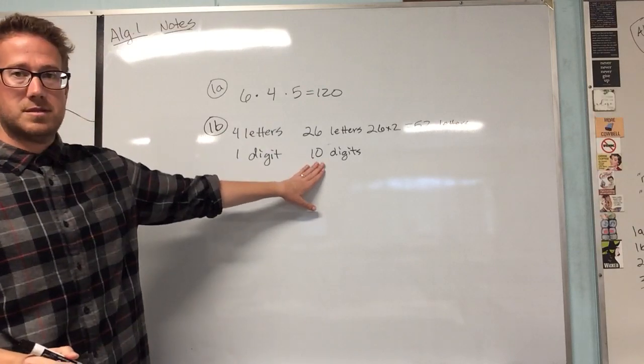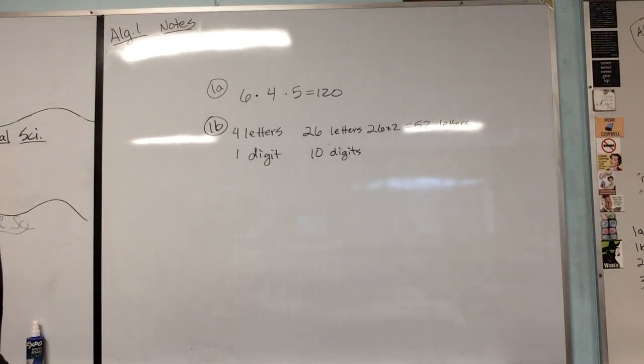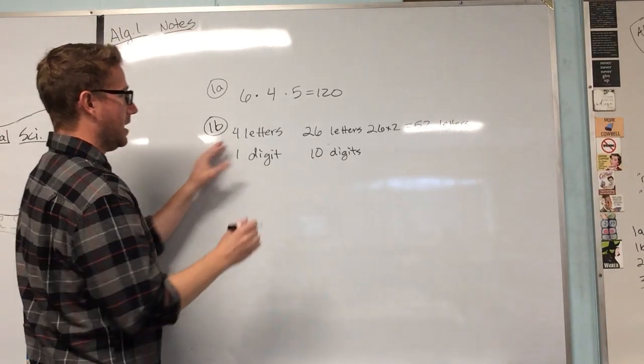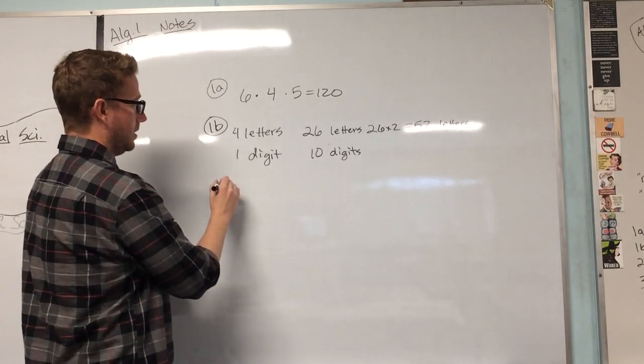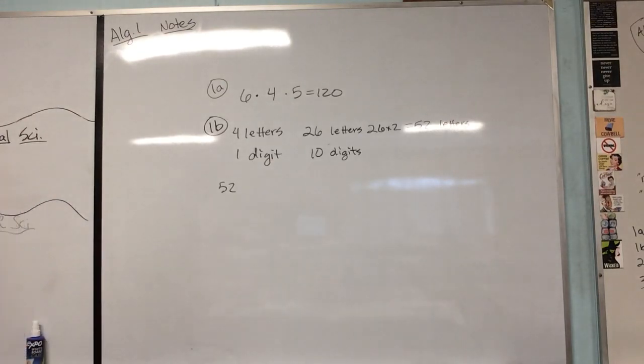The digits still stay at 10. All right, and then it's asking how many passwords are possible for the 4 letters followed by 1 digit. Now, what we need to see here is that for each letter, there's a total of 52 possible letters to pick from.